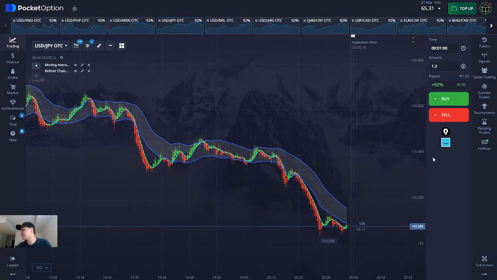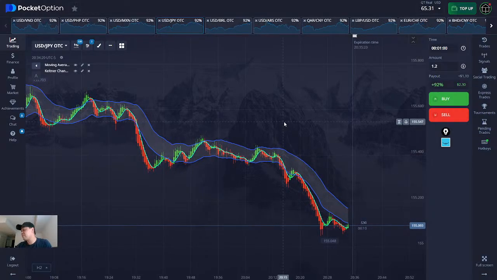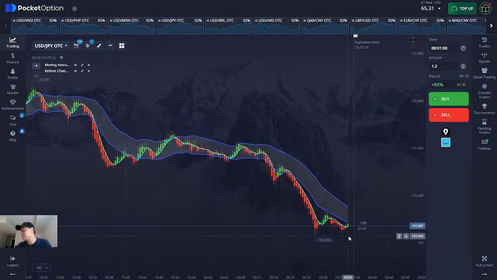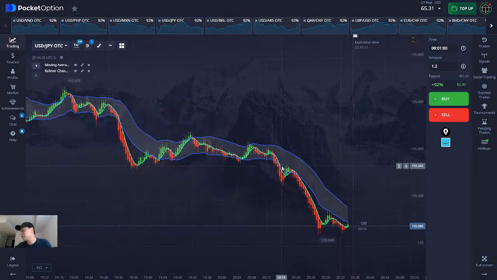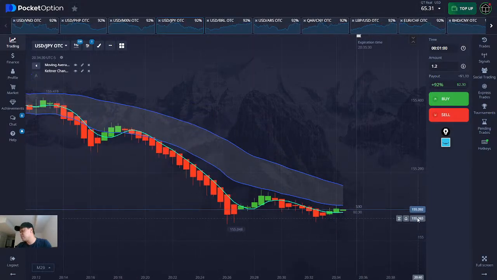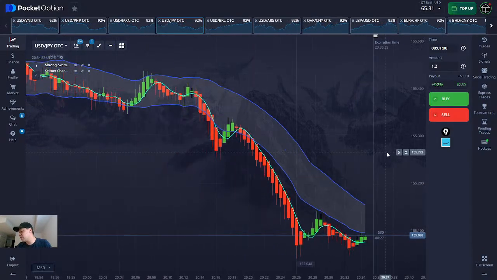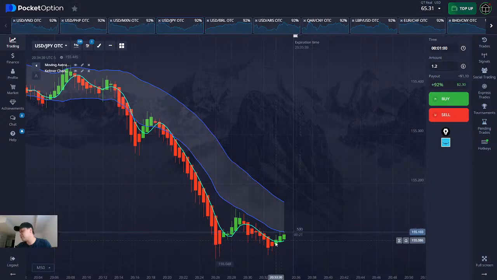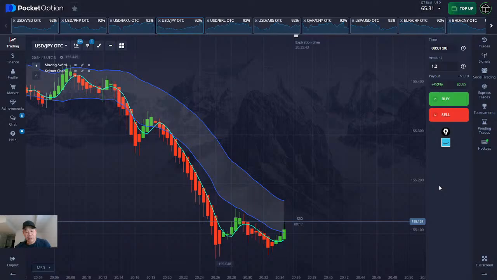This one is coming down. I'm trying to spot a reversal here. There's not much. There's support here. I don't think I want to get into this one. Let's keep flipping.